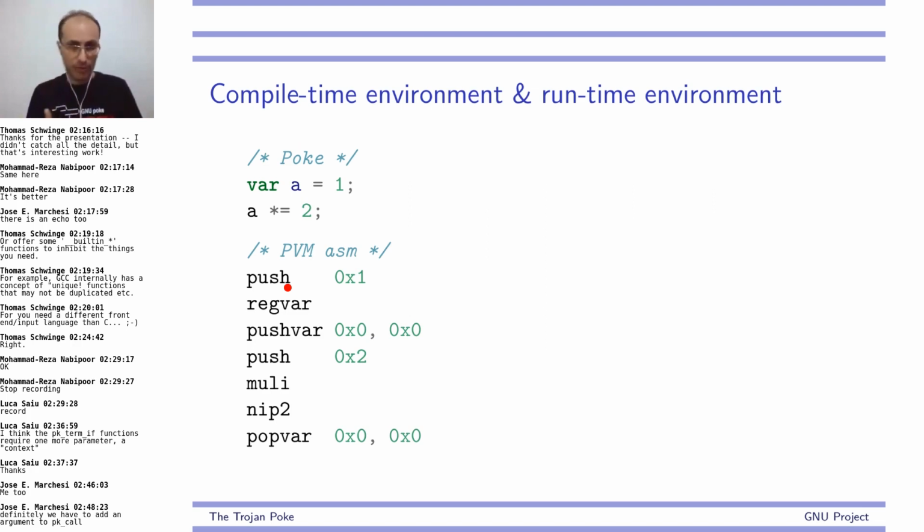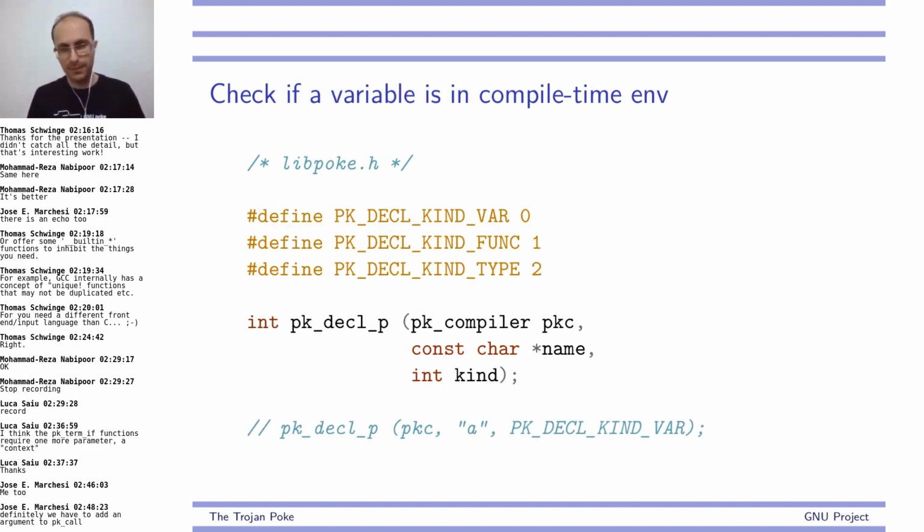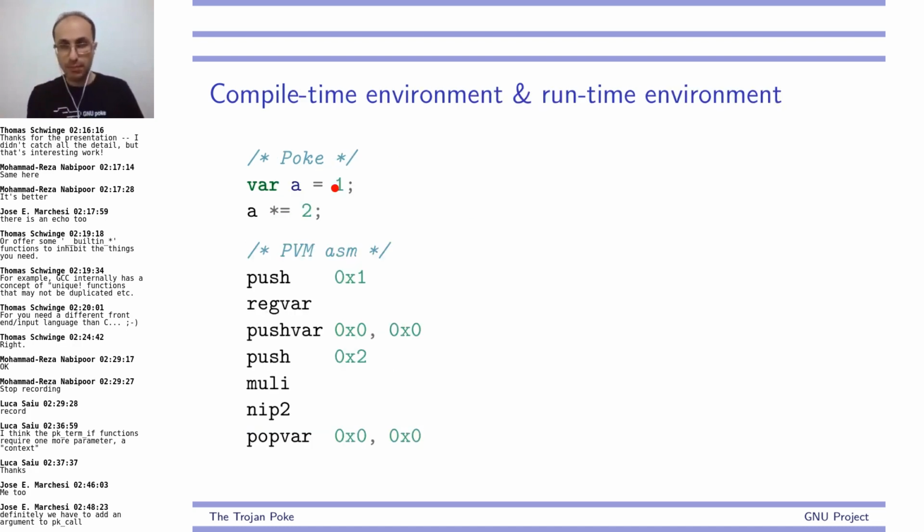The compiler will do the right thing and put the correct stuff here in the push var and pop var, but the PVM has no idea of names and variables. It only knows about PVM values, which are specific to the virtual machine itself. And the compiler's job is to convert all this stuff from this literal one to this PVM val one.